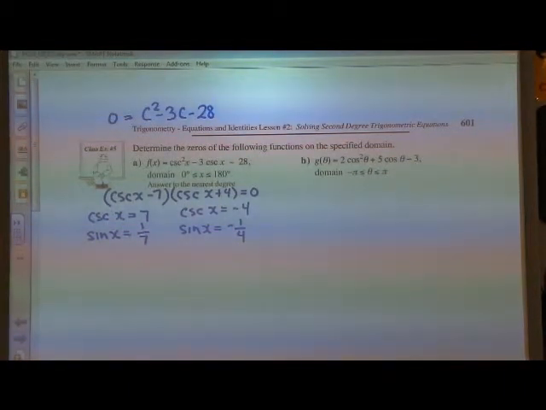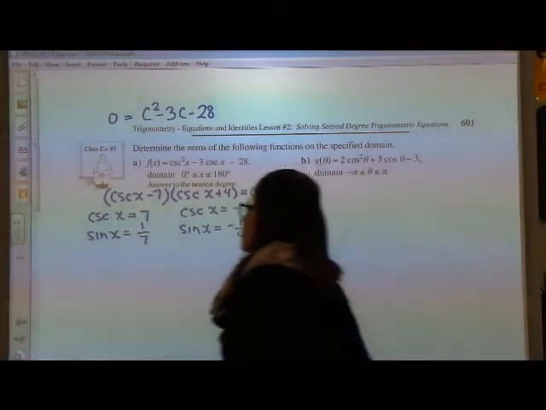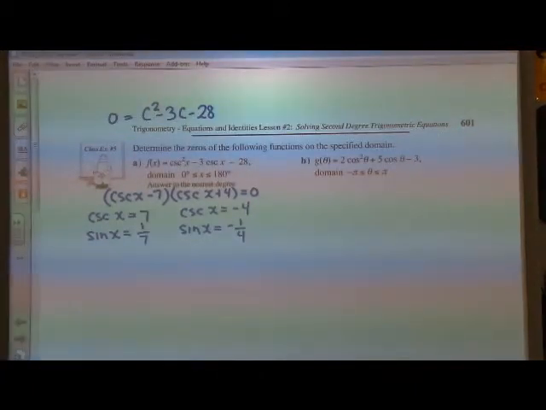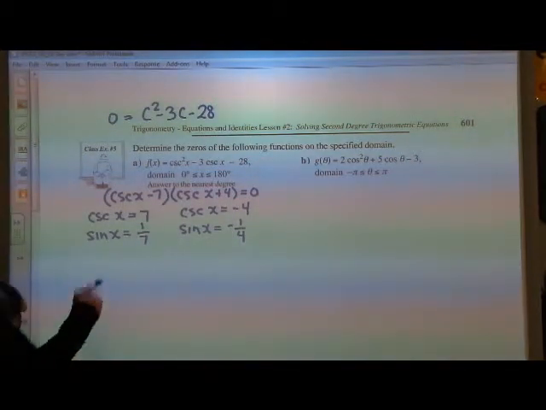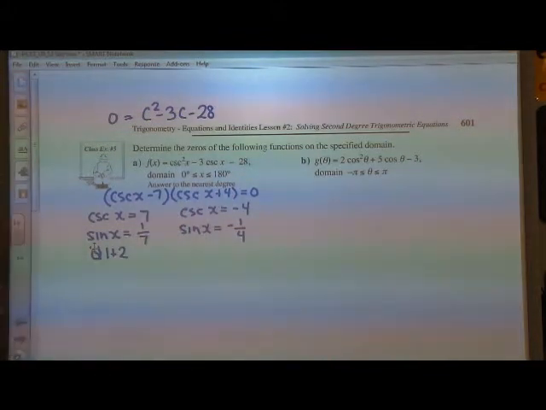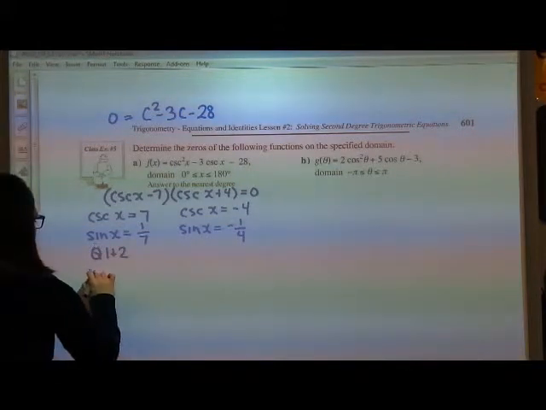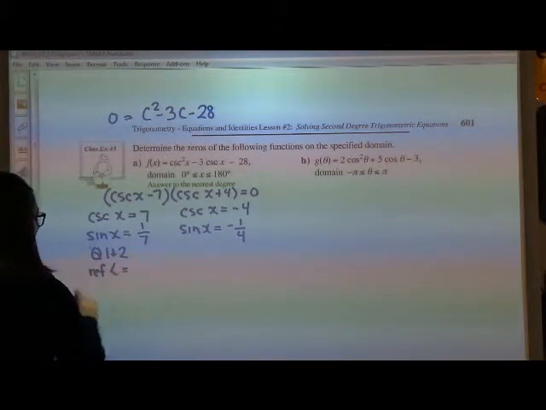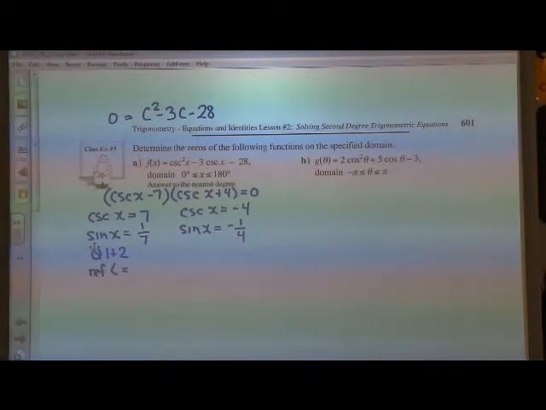Okay, so if we look at sine x equals 1 over 7, what quadrants would that put me in? 1 and 2, which fits within the given domain. So now I find my reference angle. What is my reference angle, to the nearest degree?